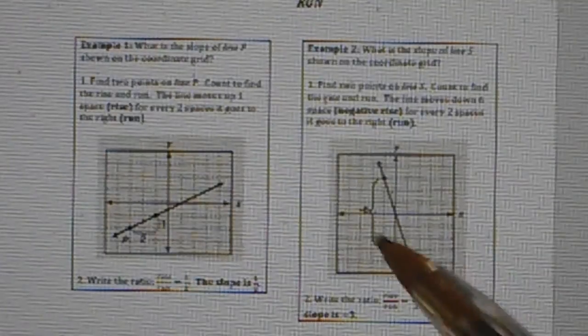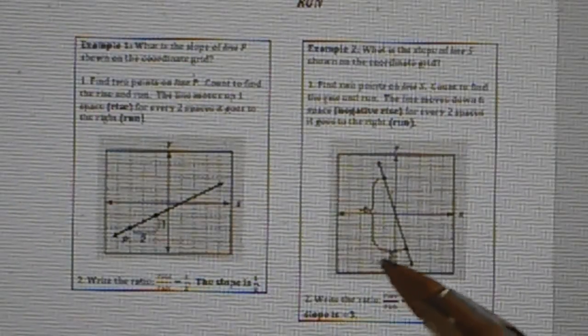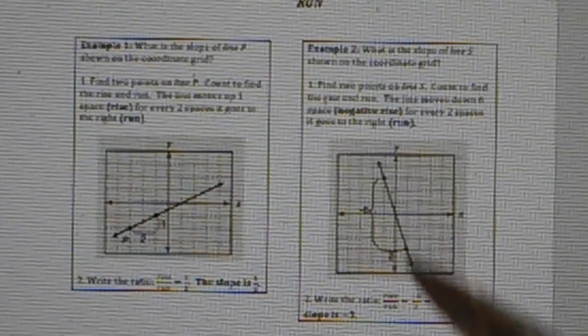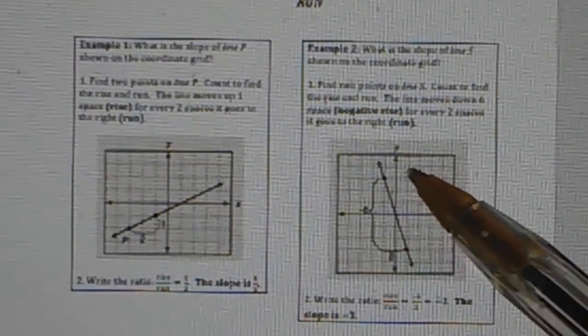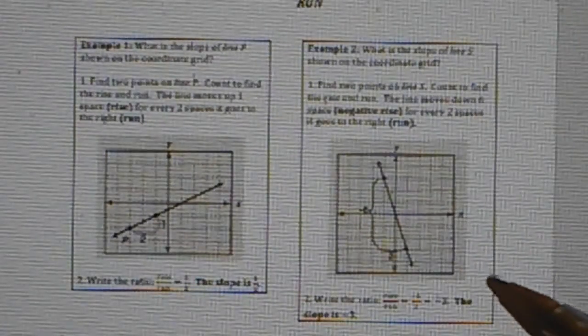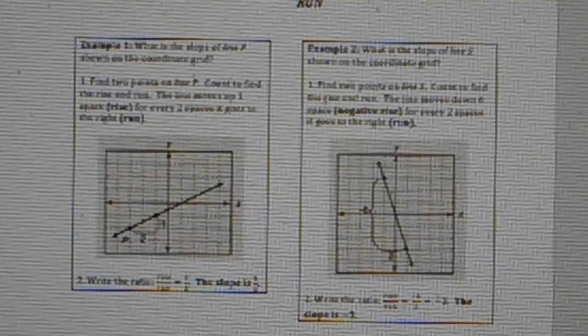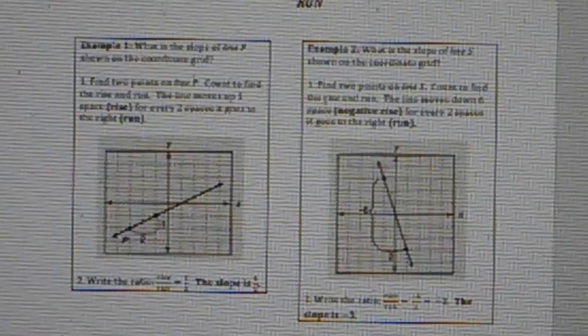Whereas here, the line's going the other way. From this point to this point, the x went up 2, but the y went down 6. So it's negative 6 over 2, a slope of negative 3. So you can use those two coordinates, and by subtracting the y's and the x's, you can figure out the slope. Okay, let's move on to the next page here.